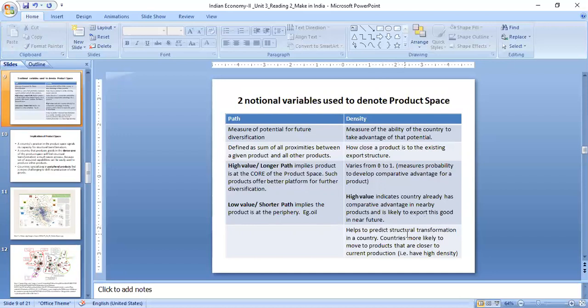So it helps to predict structural transformation in a country. Countries are more likely to move to production of products which are closer to the current line of production, that is, where density is high.